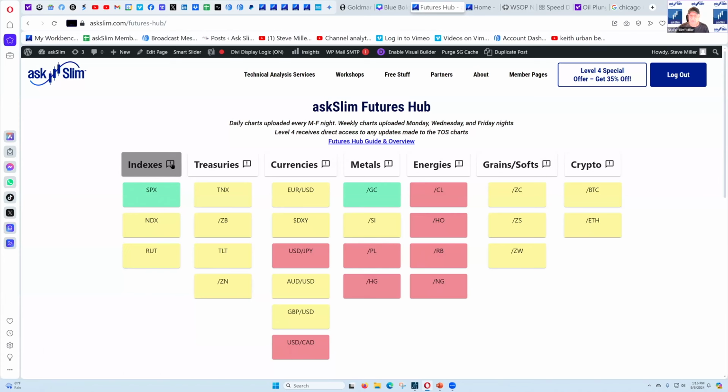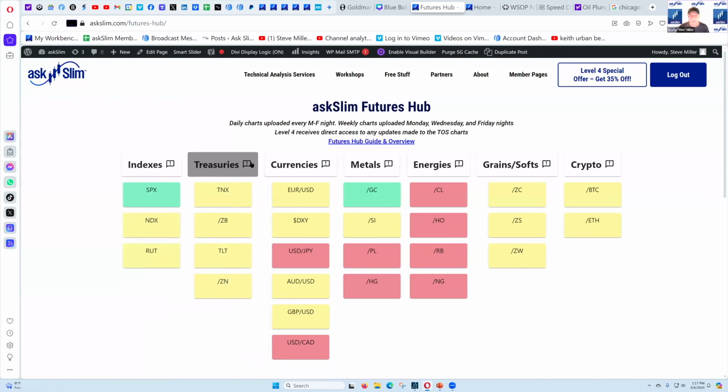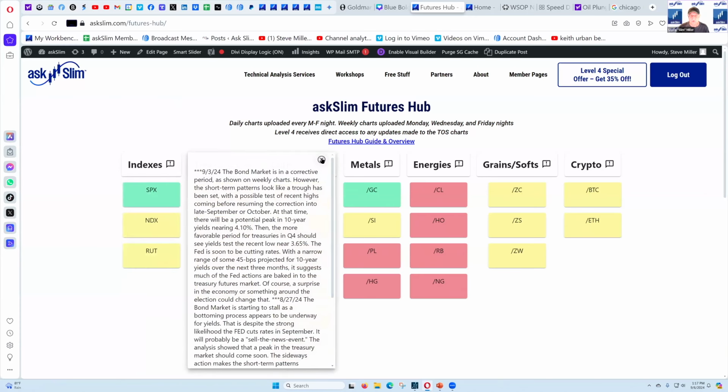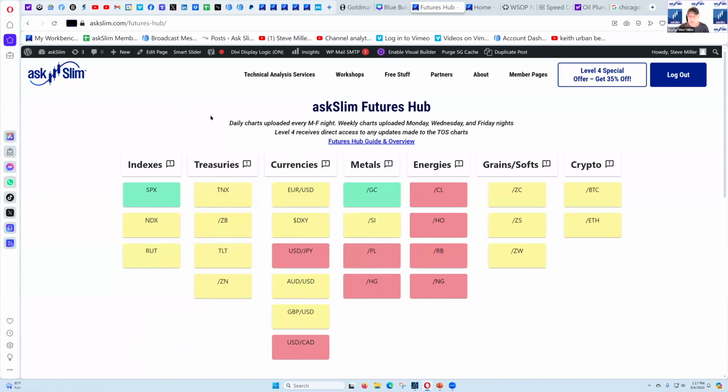Every time I do updates throughout the week, I give you my most notables, and it tells you what my opinions are in each of these, as you see there, on the stock indexes or the treasuries or the currencies, all of those. As I update the charts, I update the most notable.